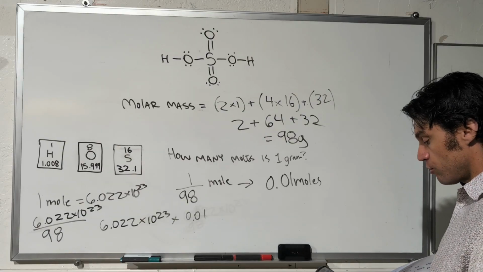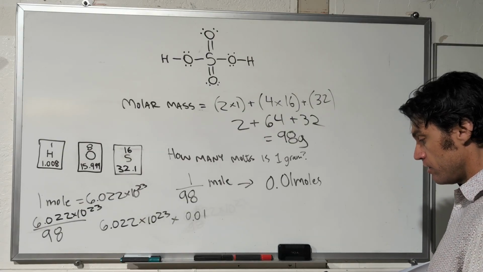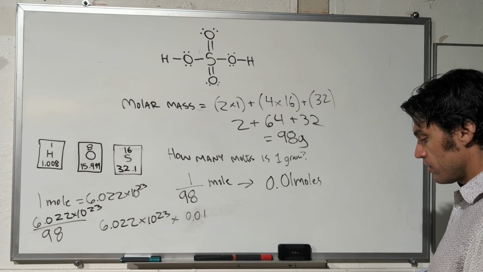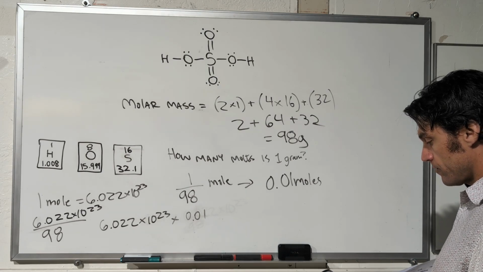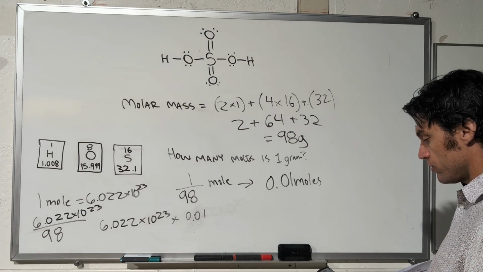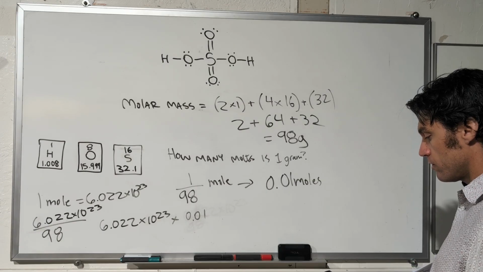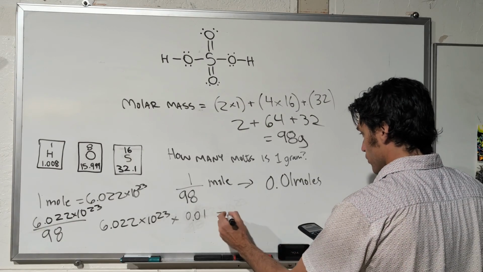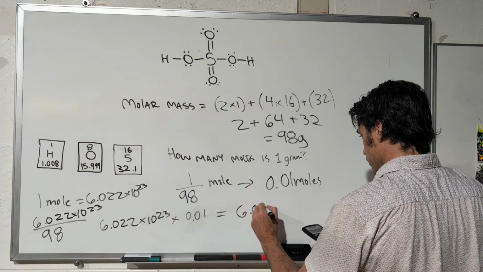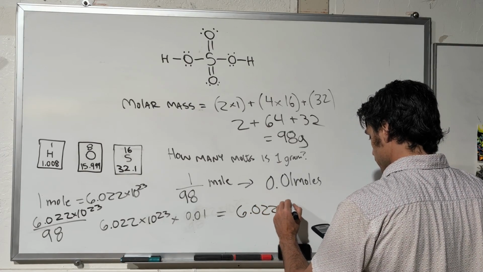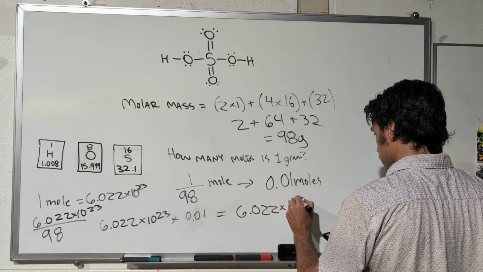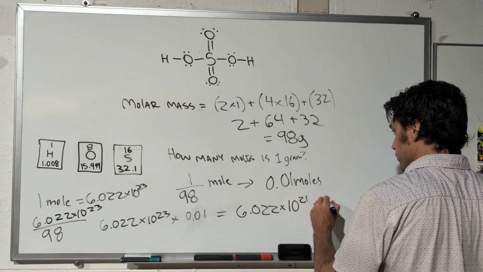All right, so 6.022 e to the 23 times 0.01 equals 6.022 times 10 to the 21 molecules.